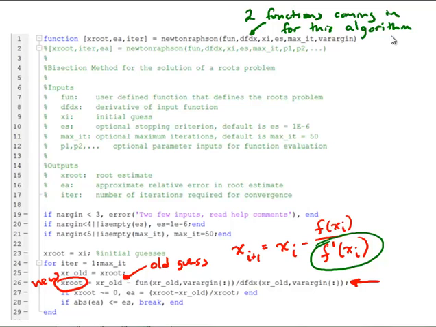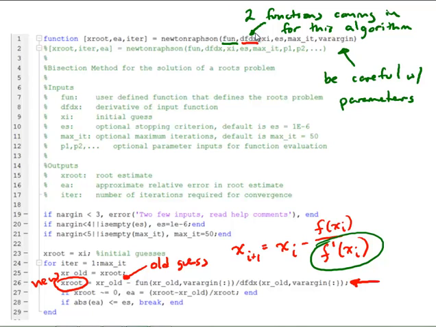A key thing you need to be careful of is parameters, because you might have parameters with the first function itself, fun, that formulates the roots problem, and you might also have parameters associated with df/dx, and you just need to be careful to keep all of that consistent.